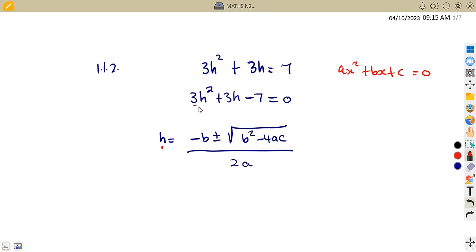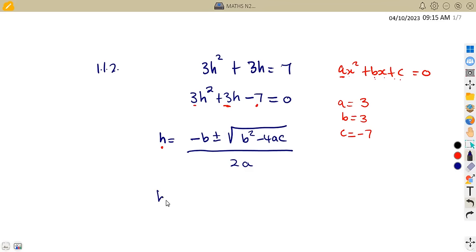So our a, which is the coefficient of h squared, is 3, our b, the coefficient of h in this case, is positive 3 again, c, which is our constant, is negative 7, according to this equation ax squared plus bx plus c. So a is the coefficient of x squared, b the coefficient of x, c is the constant.